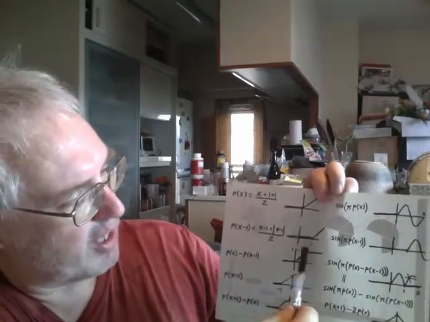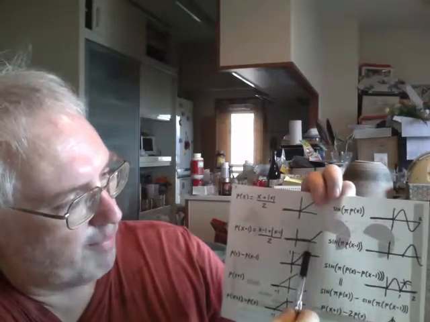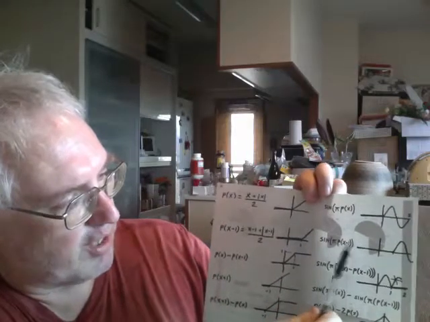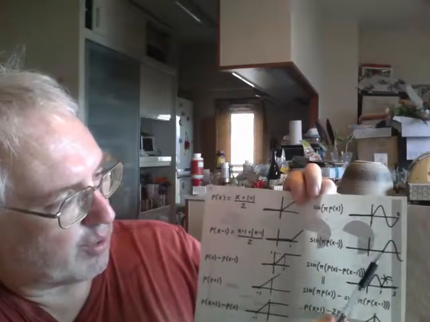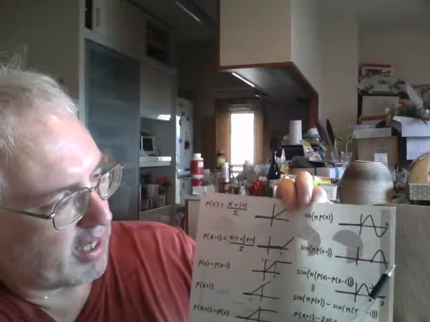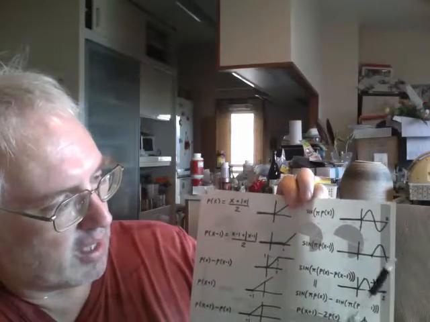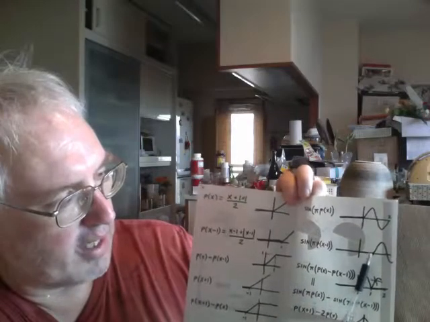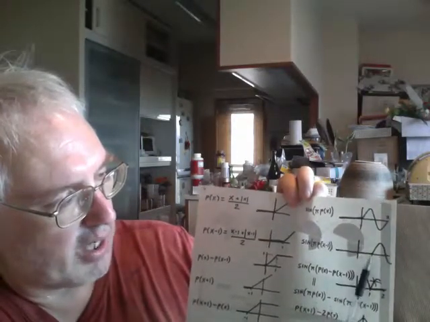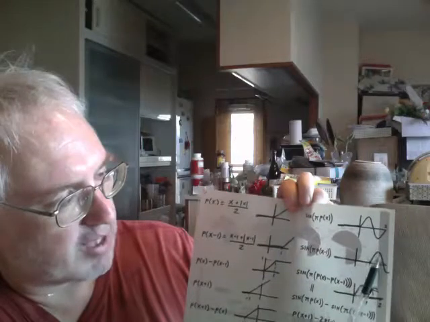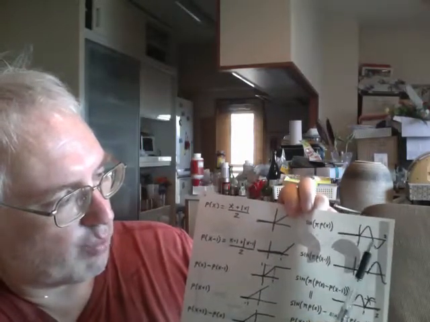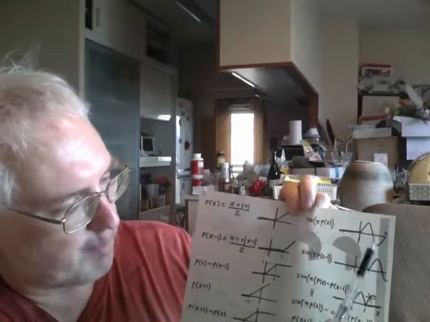Here's p of x minus 1, which starts to grow at 1, and it's 0 until we get to 1. So this function will be 0 until we get to 1, and then it starts to grow as usual. Now, because it's starting to grow at 1, it goes up at first. So between 1 and 2, it's going to be positive, going upwards, just like this function between 0 and 1 was going up.